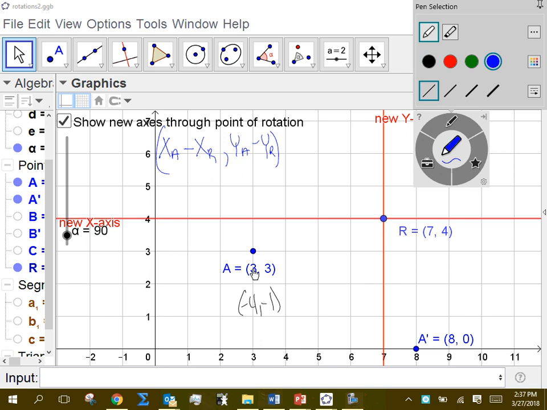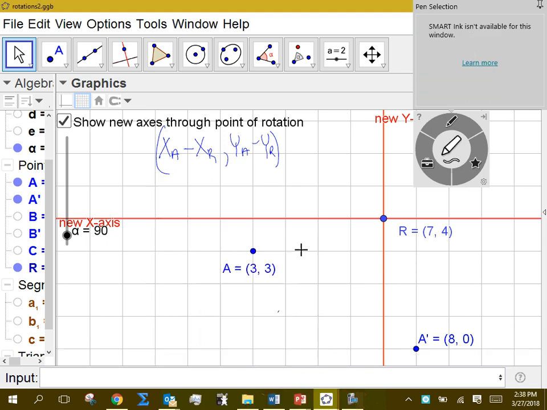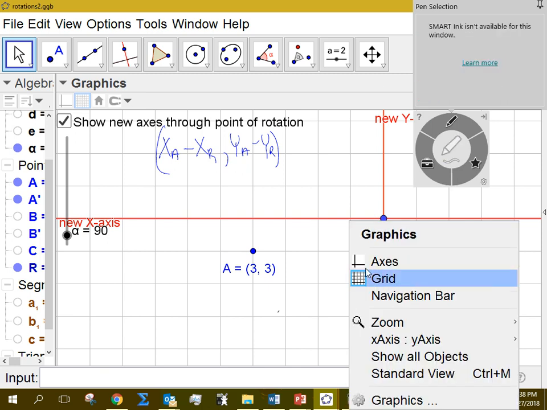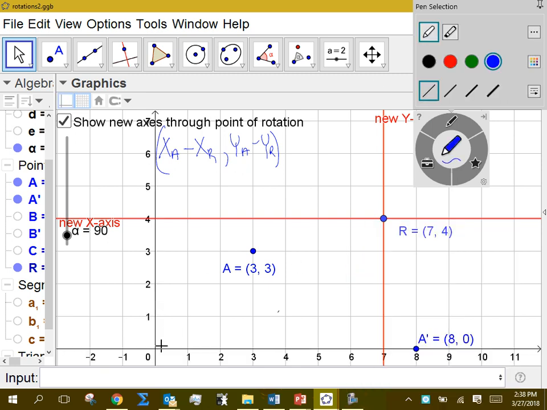I can take the x value of A minus the x value of R, gives me -4, and then 3 minus 4 gives me -1. So this is a formula, a small formula to allow us to essentially rename all of our ordered pairs off of those axes instead of those axes. Okay.